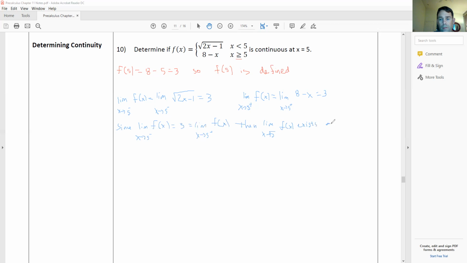And it equals 3. So that was the second thing. We had to prove that the limit existed.